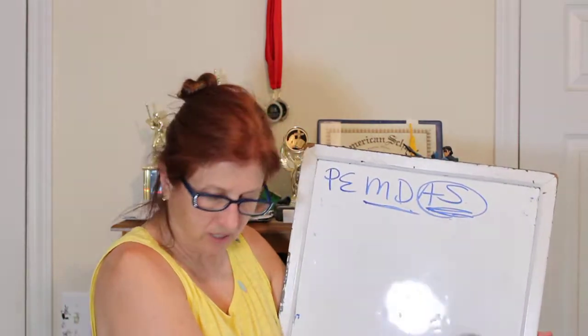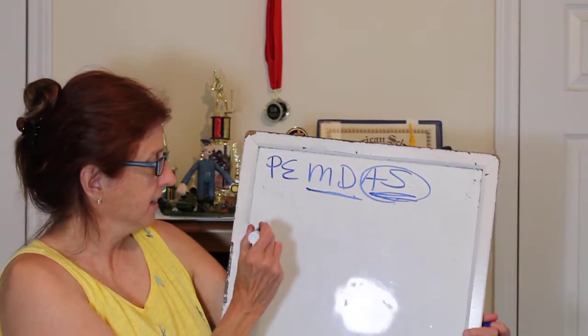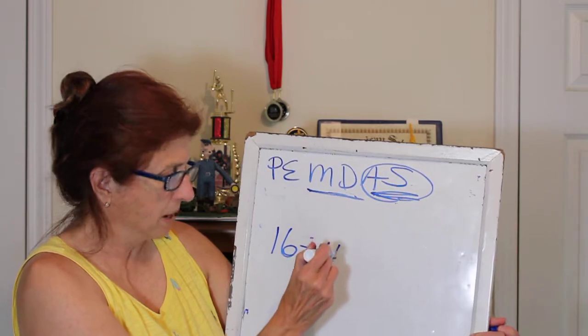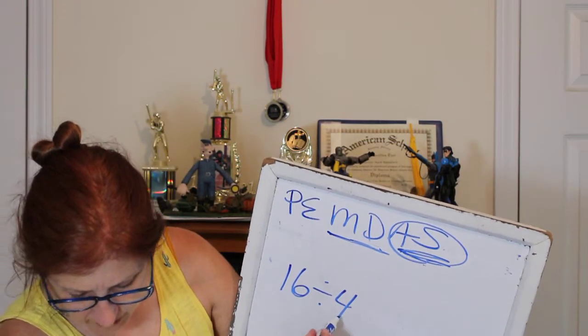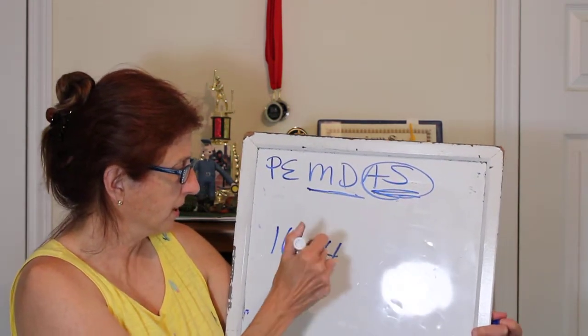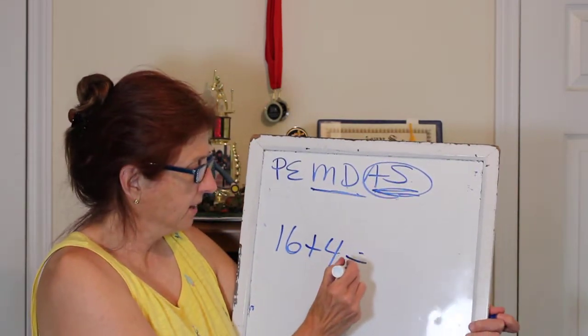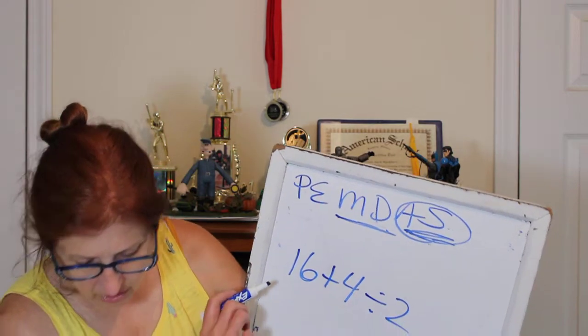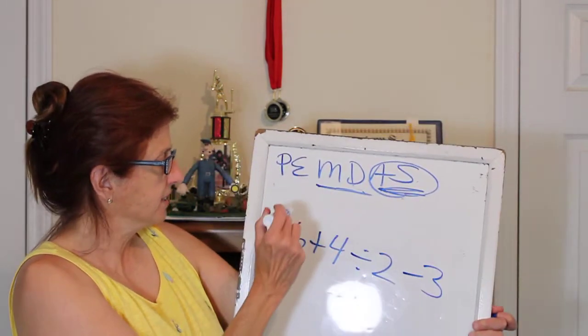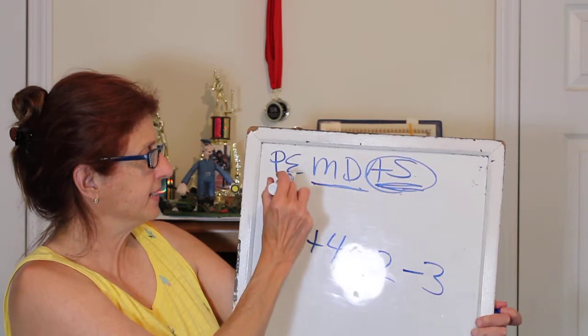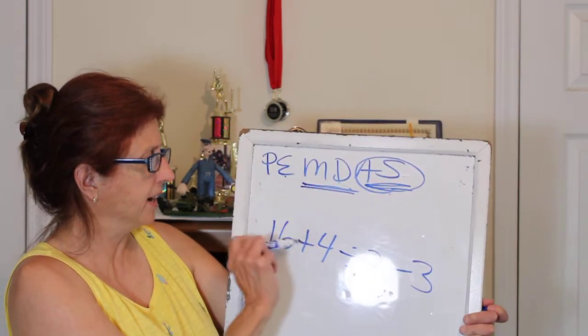Okay, we've got 16 divided by 4. No, it's plus 4. Can't read that little writing. 16 plus 4 divided by 2 minus 3. Okay, so there are no parentheses or exponents, so we do multiplying and dividing left to right.